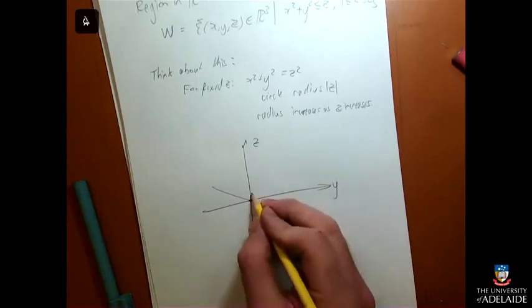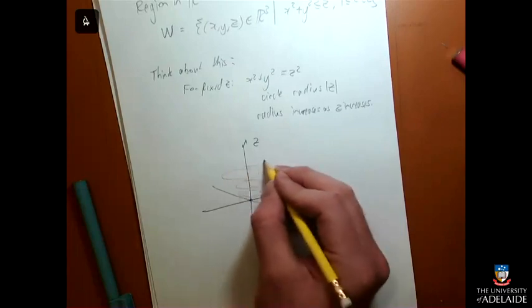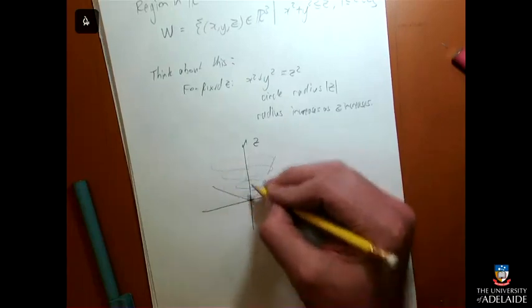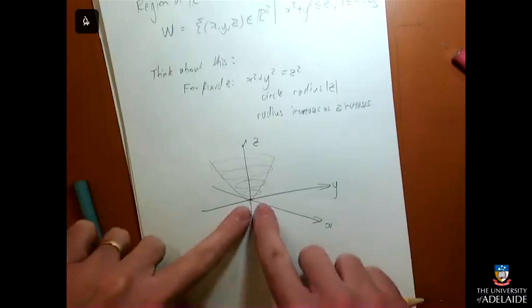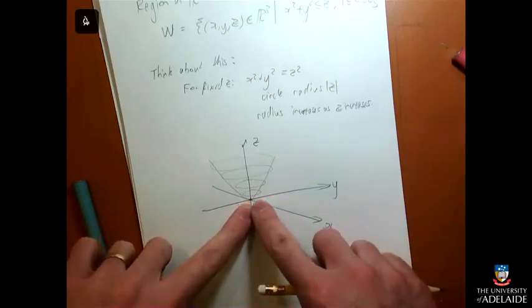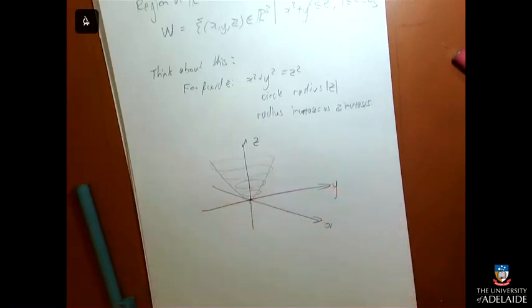And when z is 1, I get a circle of radius 1, and then it seems to look like that. I'm pretty sure it's straight, as opposed to curving inwards at the bottom. The reason I think that is the radius is equal to the current height, which means that if I go out in the y direction, that distance out in y is the same as the distance up. And so that's a straight line.